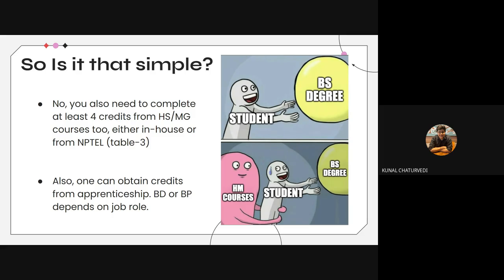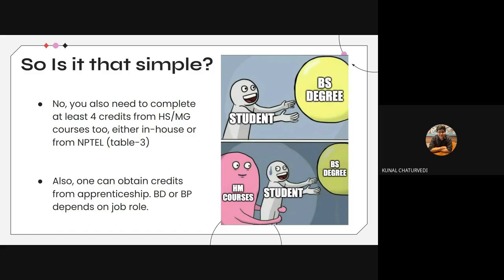And out of these you also need four HM credits, which makes it 8 credits more to complete. And those 8 credits can also be completed from your apprenticeship. So we will talk about that later.